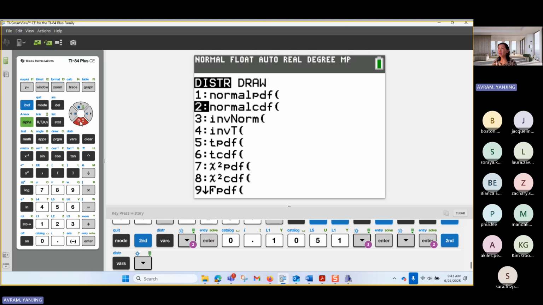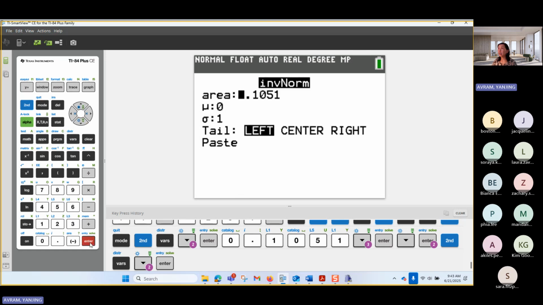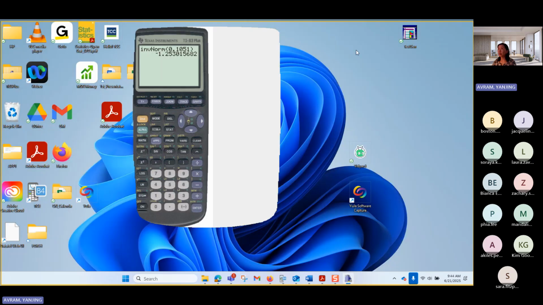If I hit inverse norm on my newer one, I have the area to the left, to the right, or in the center. So this has more choices. But on the simple calculator, the default is always to the left, and if you want to calculate the center or the right, you have to do a little bit more work, basically. But it still works, okay?